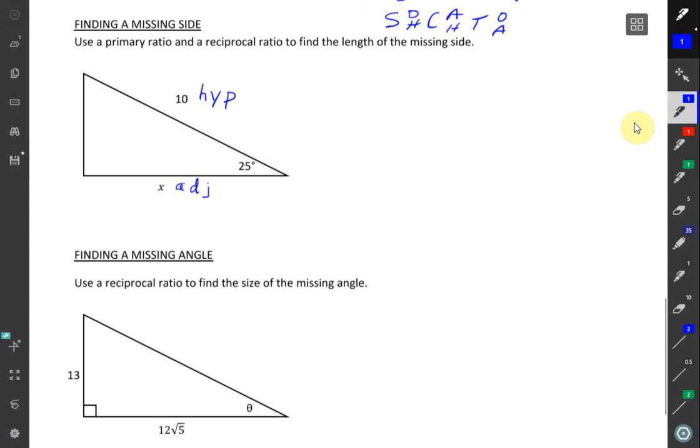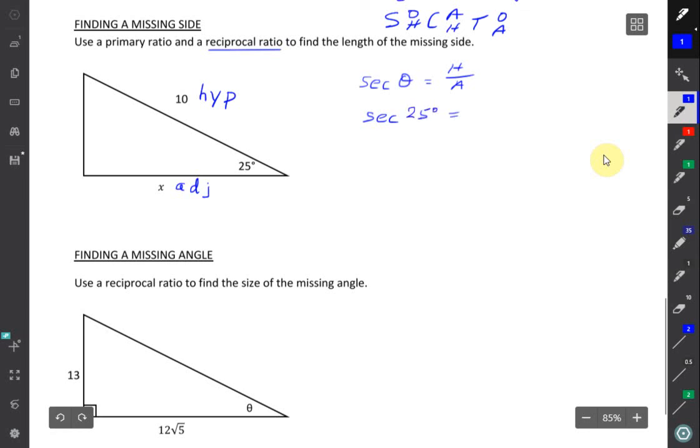We said that we're going to start with a reciprocal ratio. The reciprocal function for cos is the secant. So we're going to start with the secant of theta is equal to the hypotenuse over the adjacent. So we have the secant of 25 degrees is equal to 10 over x.